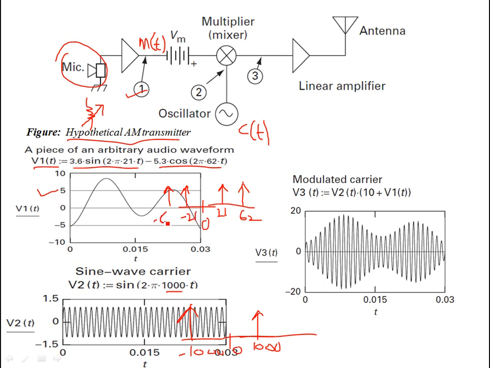Now, as you would appreciate from the last chapter on mixers, what happens once you mix MT with CT? What happens at the output? This 10 is a DC bias term over here. If you want your audio such that it is always positive, so if you clamp this to 10 volts, you have the minimum variation at minus 5, so it's always positive.